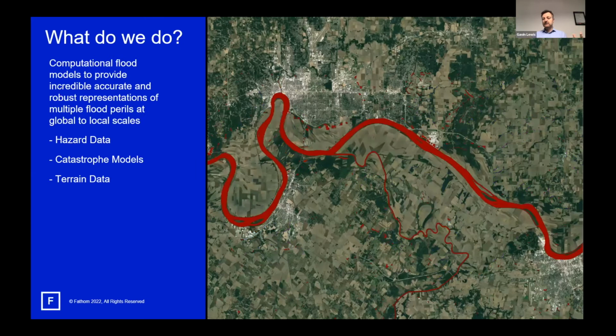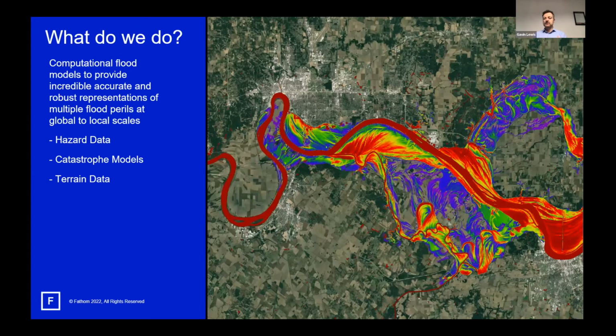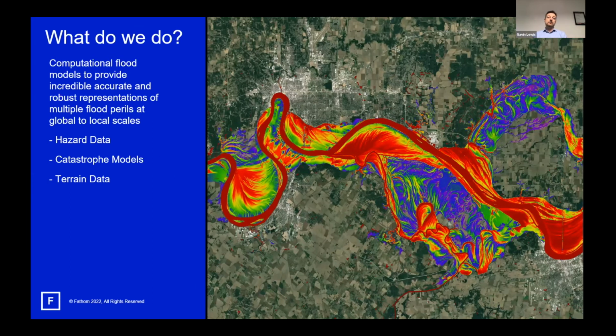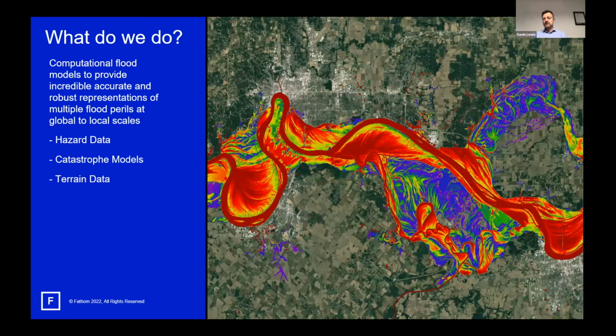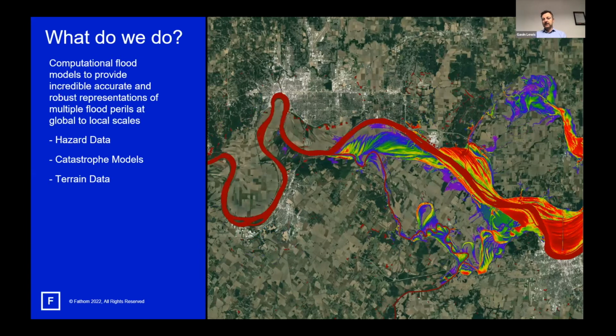So we have those two key elements of the flood maps and the flood models. Now, all of that is going to be underpinned by the data we pull into our modelling framework to create the detailed information that we provide to our customers and partners. Now, of course, a lot of that is really important, and one of the key elements for any flood model is going to be the terrain data.